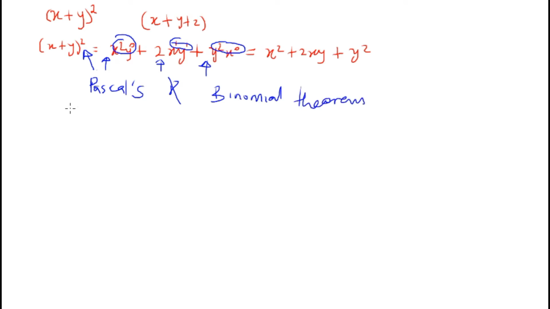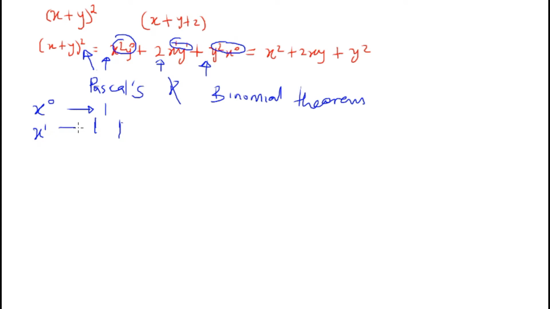Pascal's triangle is some sort of figures in the form of a triangle. If the power of the binomial is 0, we'll have 1 as the coefficient. If the power of the binomial is 1, we'll have 1, 1 as the coefficient.